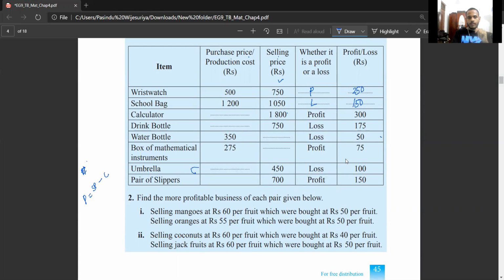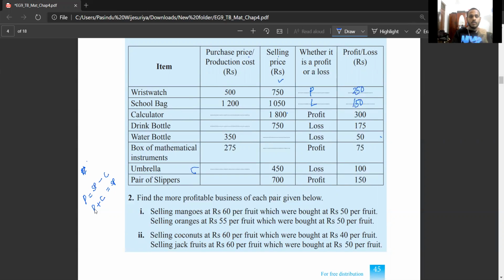So if we want to find the selling price, you just add: profit plus the purchasing cost is equal to the selling price.